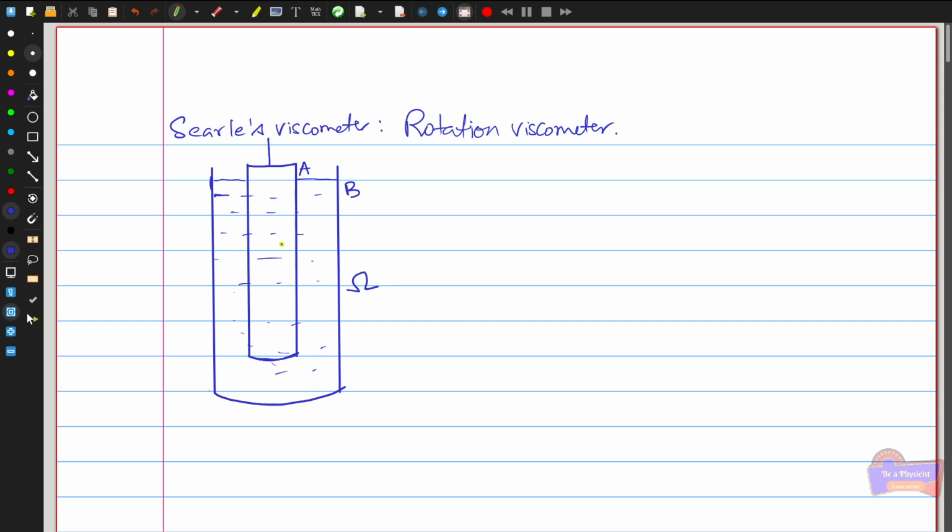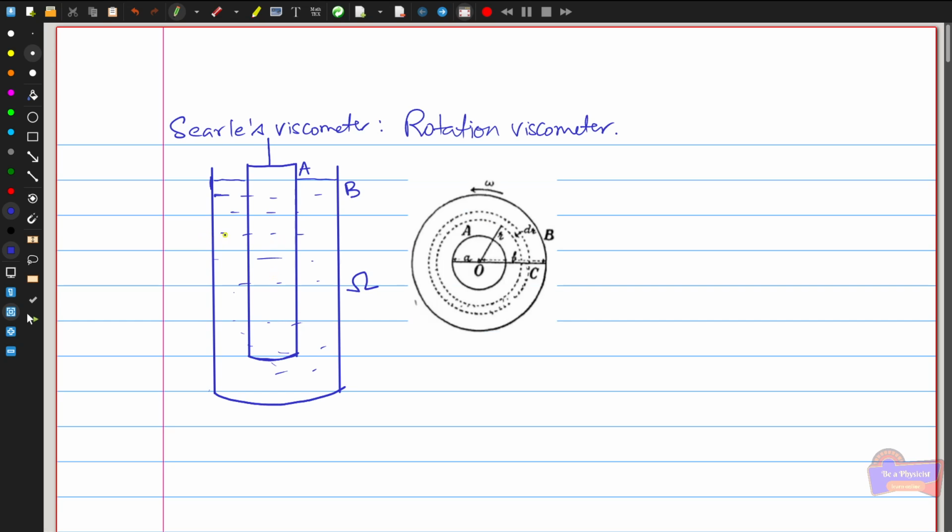Due to this rotation of the fluid between the two cylinders, torque is communicated to the inner cylinder through the fluid, and its magnitude depends upon the viscosity of the fluid filled in between the cylinders.